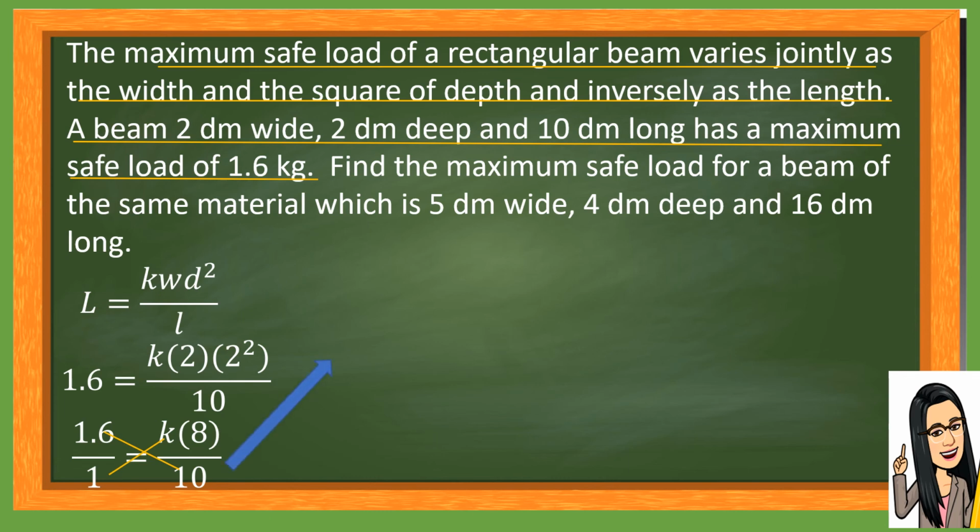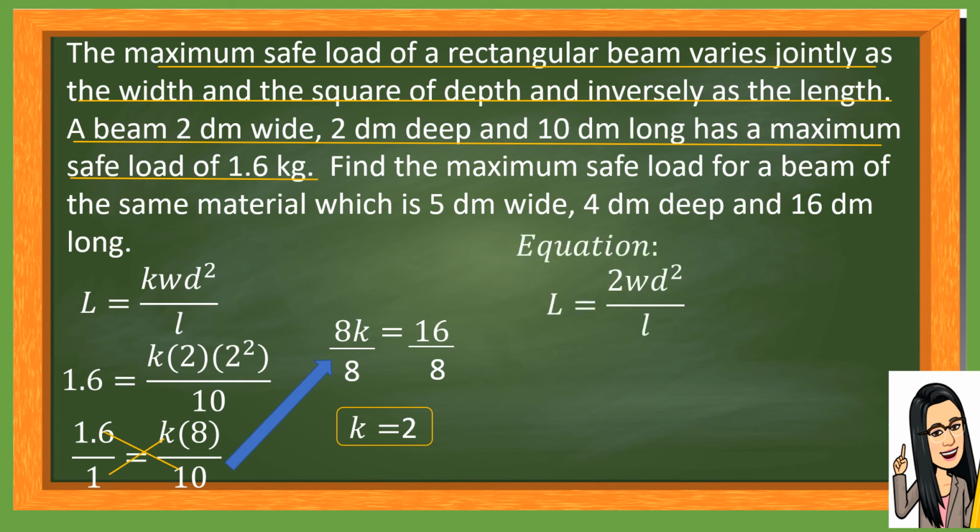So 8K is equal to 16. Divide both sides by 8 and we obtain K is equal to 2. So our equation, L is equal to 2WD squared over L.